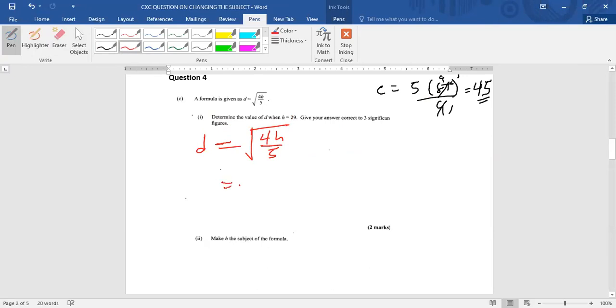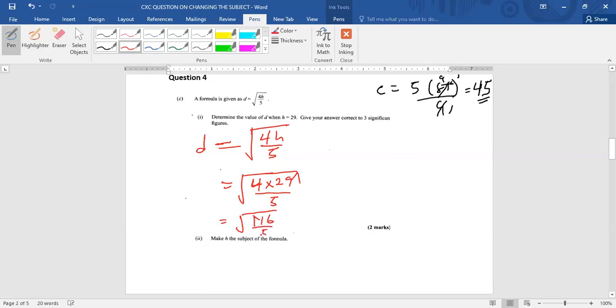So this will be equal to the square root of 4 times 29 divided by 5. Can somebody help me? What is 4 times 29, please? 116. So 116 divided by 5.